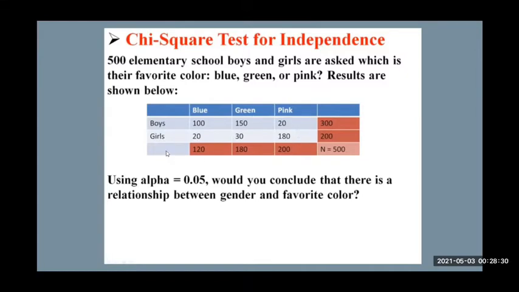Again, you are going to get the summation of the rows and the columns. So this is 120, then 120; 150 plus 30 is 180; 20 plus 180 is 200. Then this totals to 500, and this also totals to 500. If you add these, this will be 300, and this will be 200. Using alpha 0.05, would you conclude that there is a relationship between gender and favorite color?